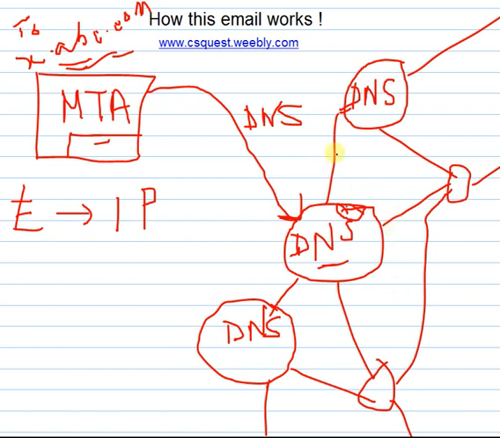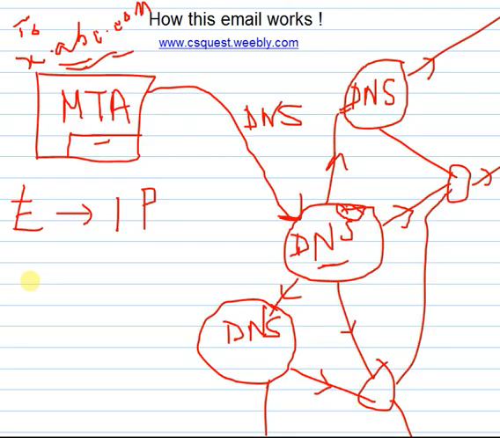It will send a request to every other DNS: this is the email address, please search the IP address regarding this. So this is a recursive type of thing. This will send to this, and this will send to this, and it will keep on going. It spreads the word through the whole DNS graph network.